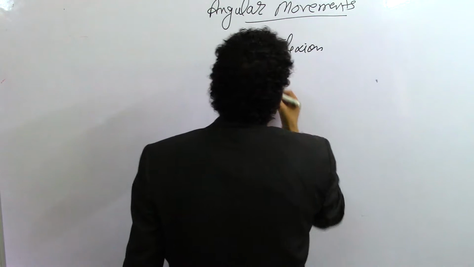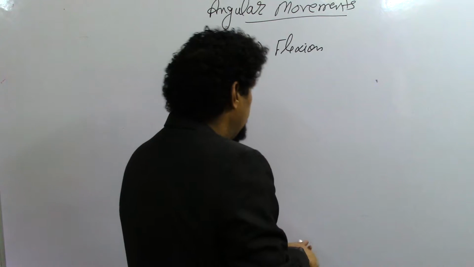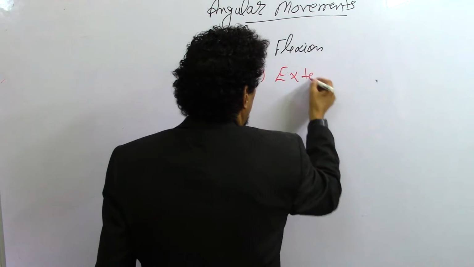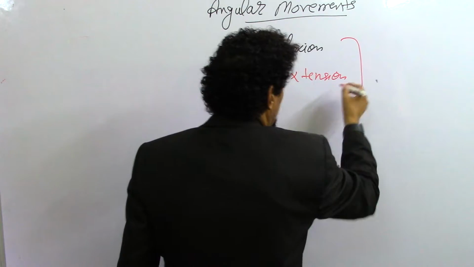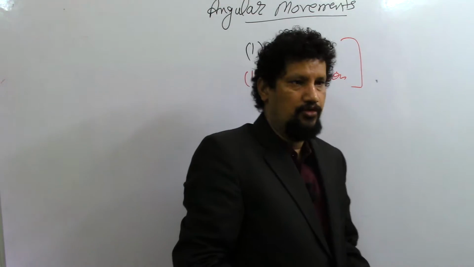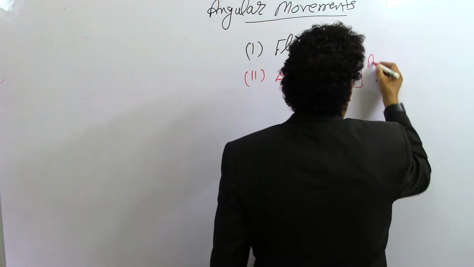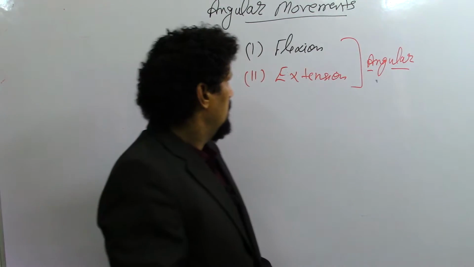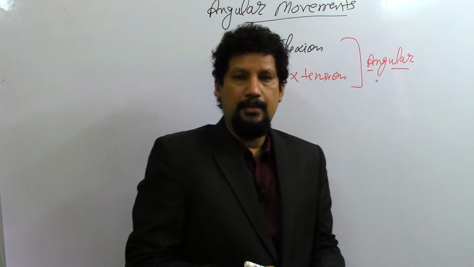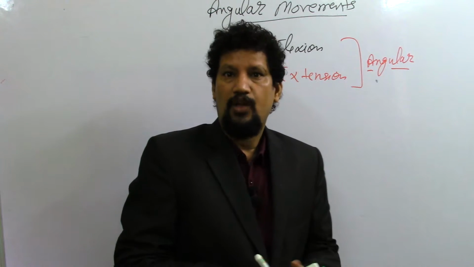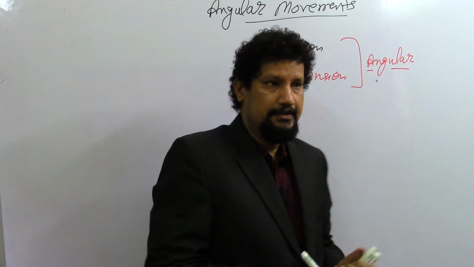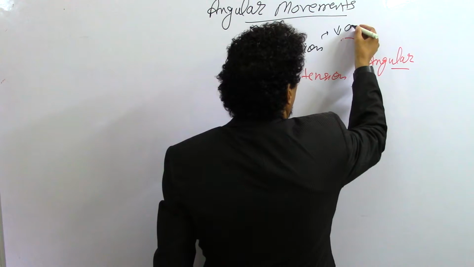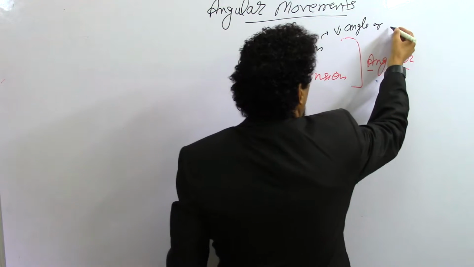One is flexion, and the opposite movement of flexion is extension. Flexion is also known as the decreasing angle movement or the bending movement.